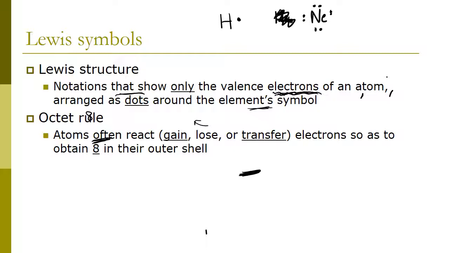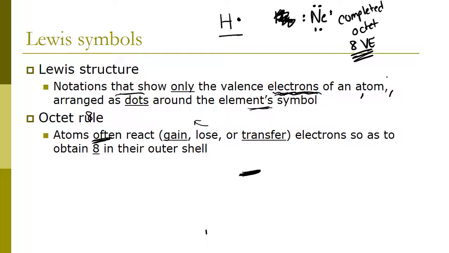Now, neon has a completed octet, meaning that it has 8 valence electrons. Now, there is no place else for an electron to go, so neon is very, very stable.